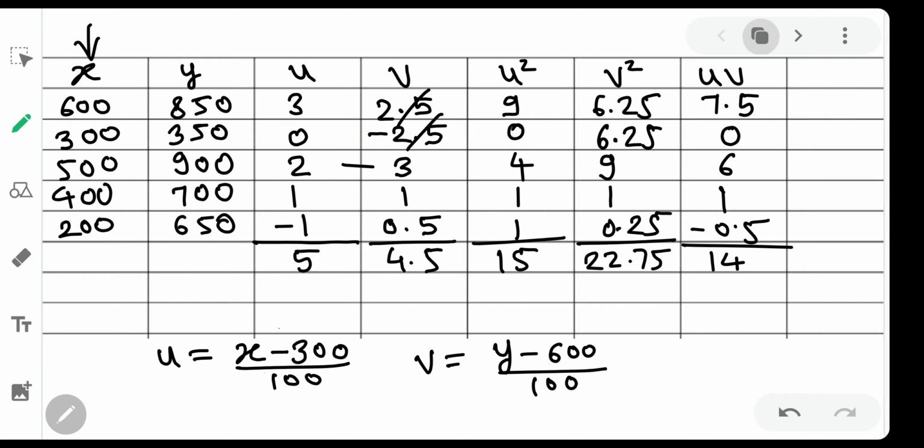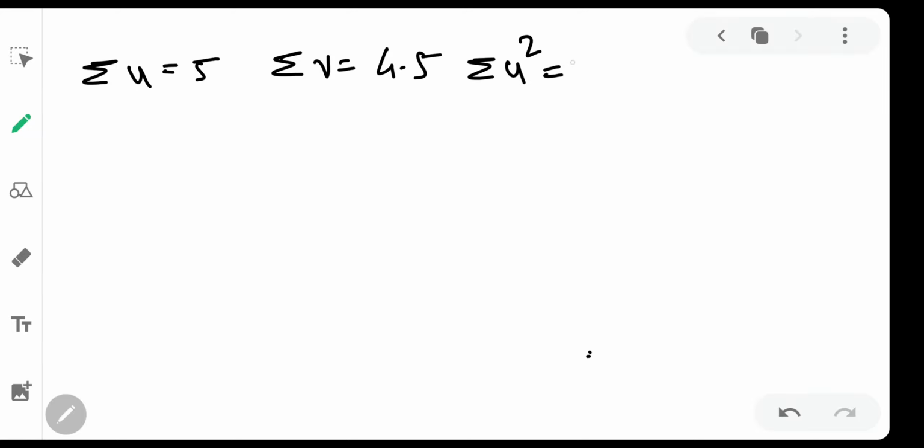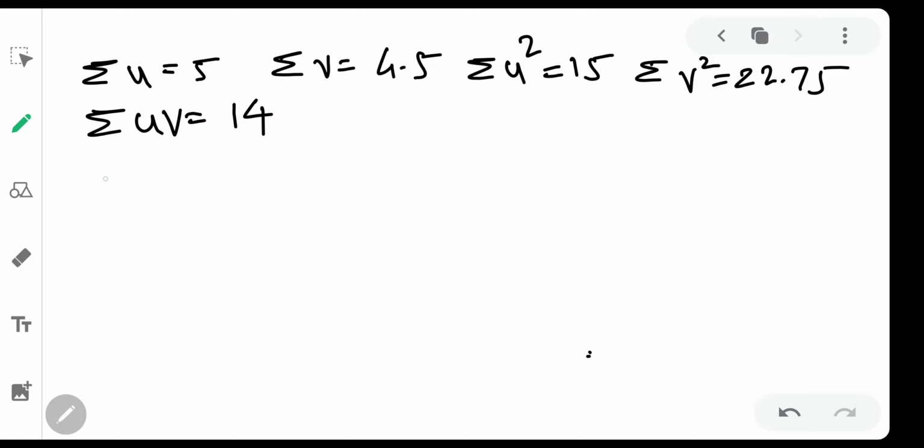So let us note down all these values: summation u was 5, summation v was 4.5, summation u square was 15, summation v square was 22.75 and summation uv was 14.